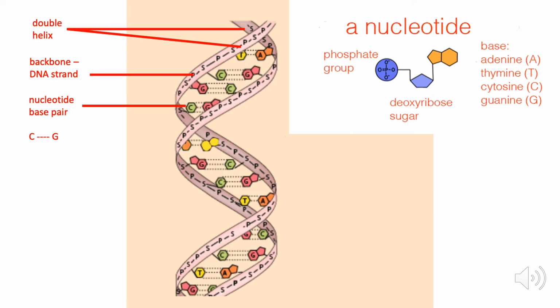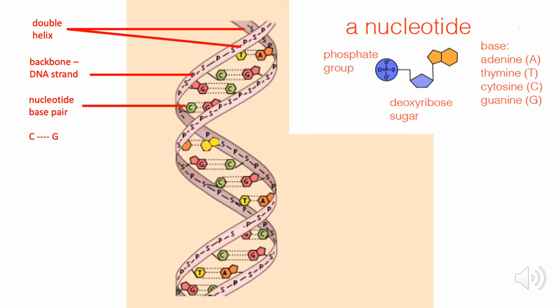There are only 4 possible bases in a nucleotide: adenine A, thymine T, cytosine C, and guanine G. So there are 4 different kinds of nucleotide in DNA.